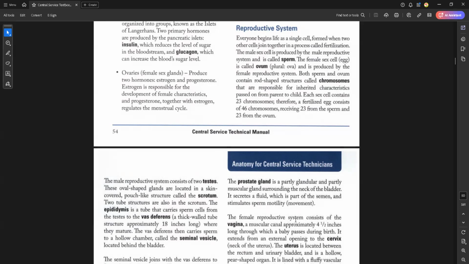Both sperm and ovum contain rod-shaped structures called chromosomes, 23 from each parent, making 46. That forms a baby. With the men, we have the testes that are housed in the scrotum, and then we have the epididymis, through which the sperm travels to the seminal vesicle and the vas deferens. So these are all about the men.